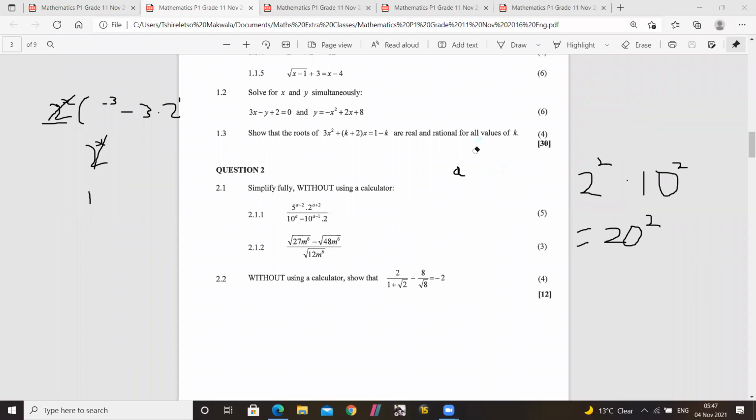So in this question, what you are going to do is take out 10a as your common factor.